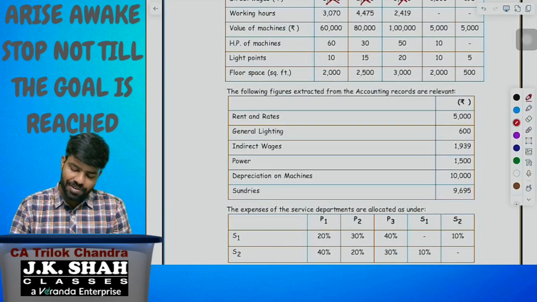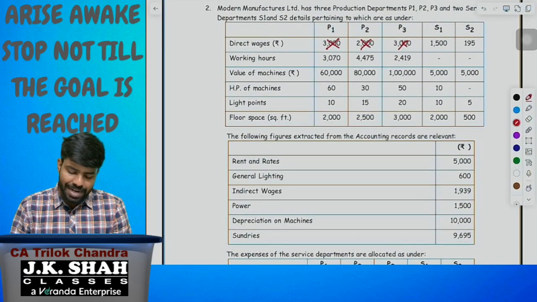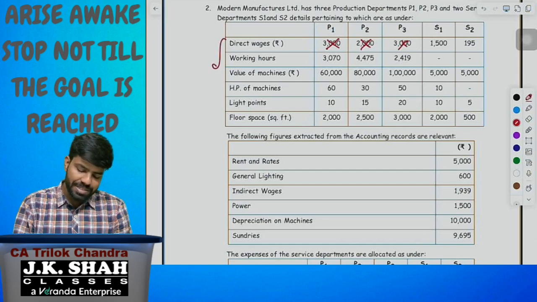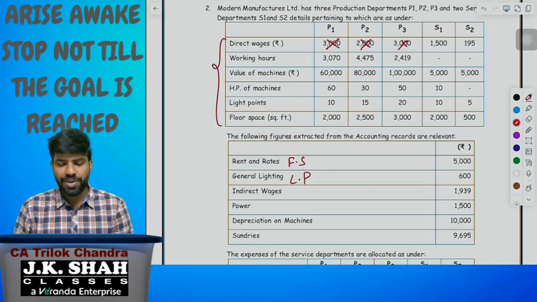following figures extracted from the accounting records are relevant. Rent and rates on what? This is the basis and this is the expenses. Rent and rates of 5,000 rupees will be apportioned based on floor space. General lighting based on light points. Indirect wages will be apportioned based on direct wages.